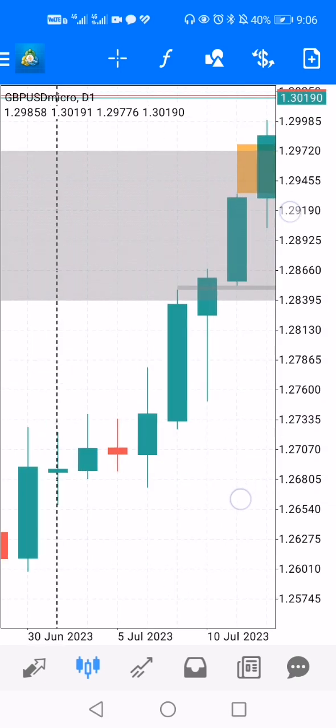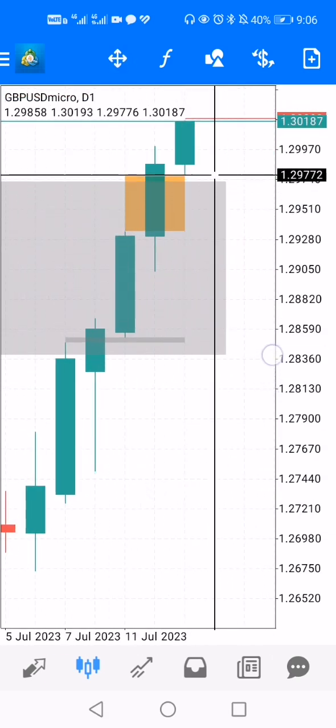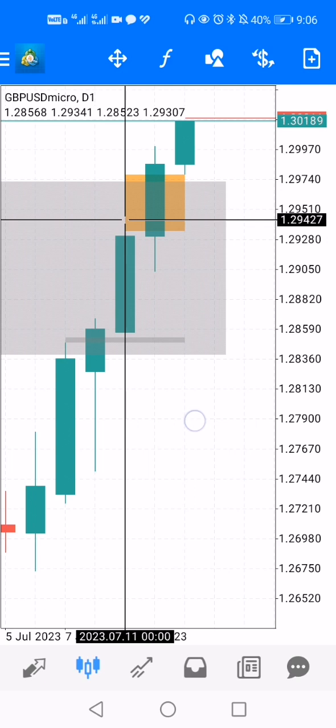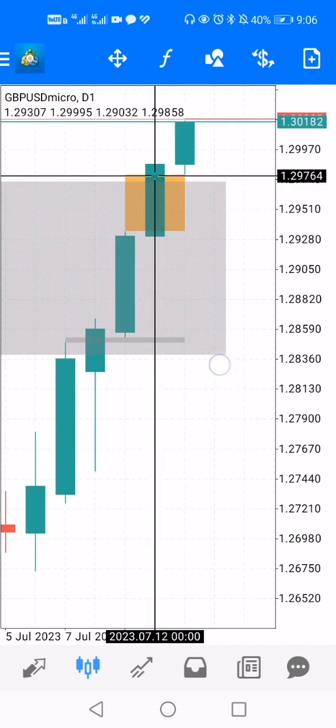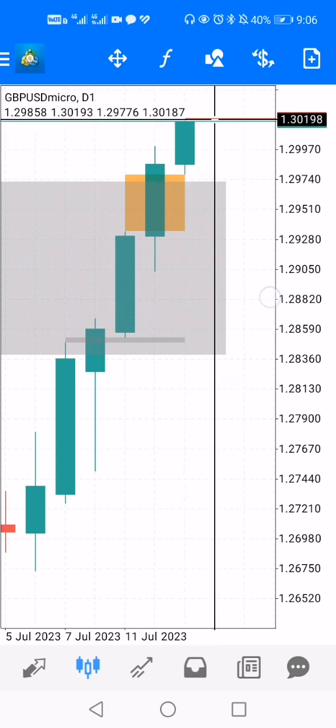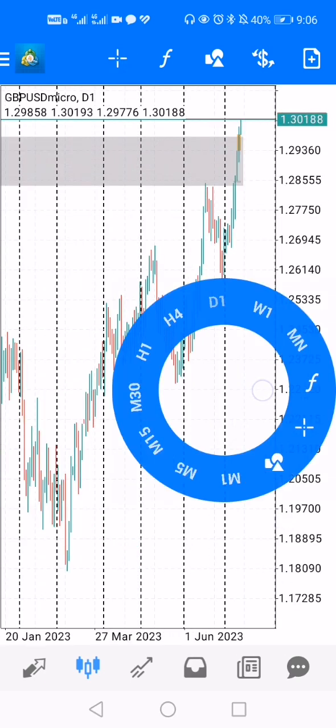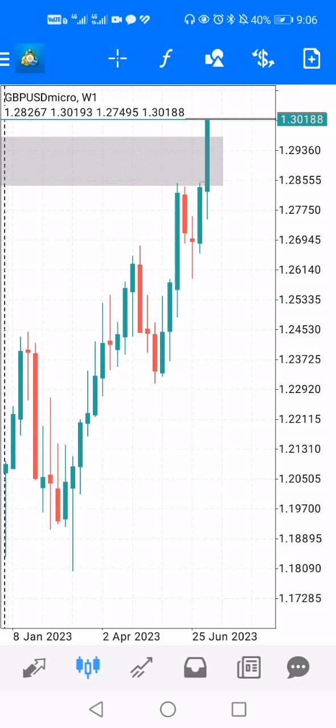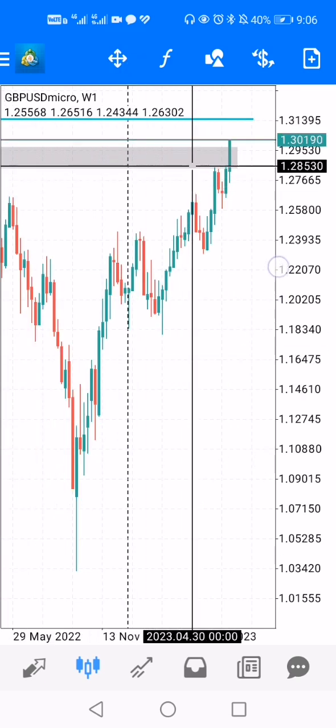However, I can probably anticipate for price to drop down maybe into this level over here, this orange imbalance box that I've created here, dip into it and then continue to the upside, all the way into this level here on the weekly chart.